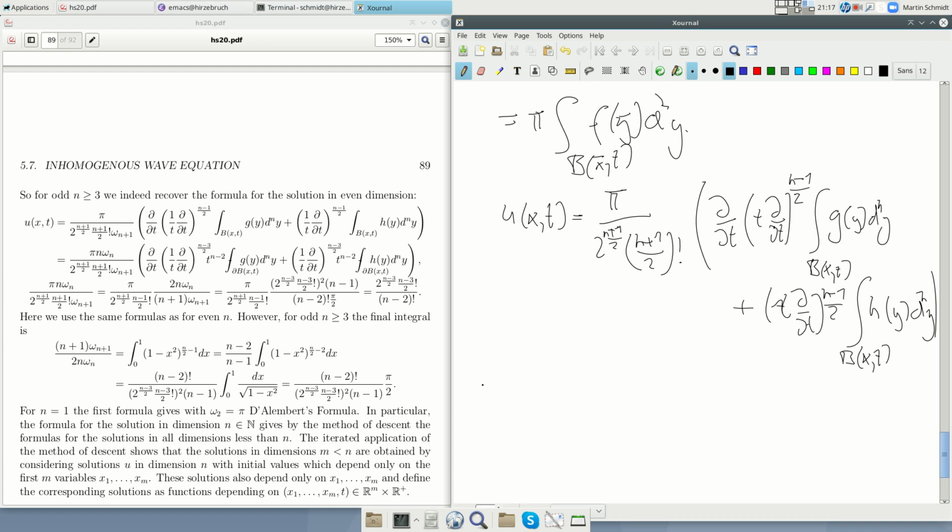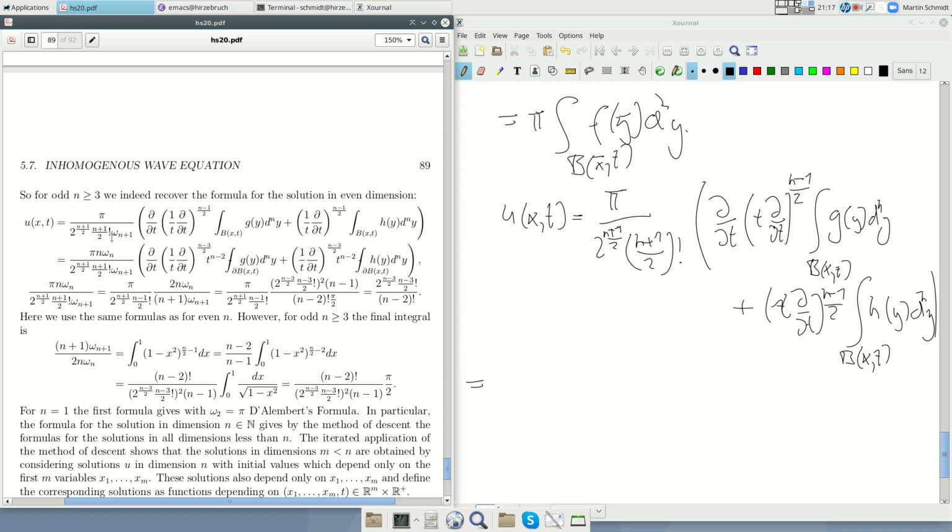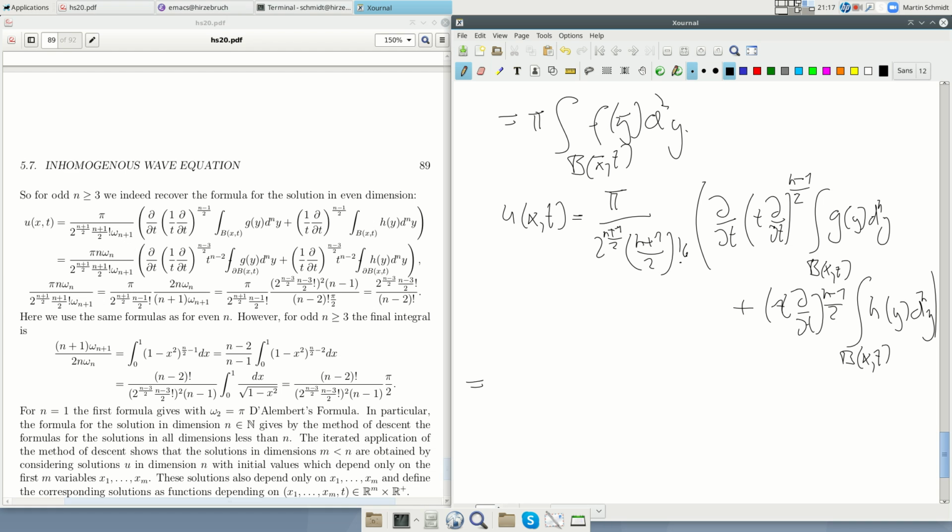Yeah, now we use again these polar coordinates, and then we see if we do the derivative here, then we get, moment, here we have also some factor omega n plus 1.